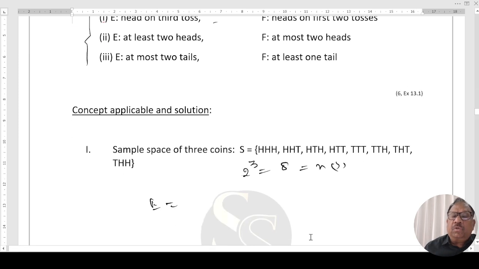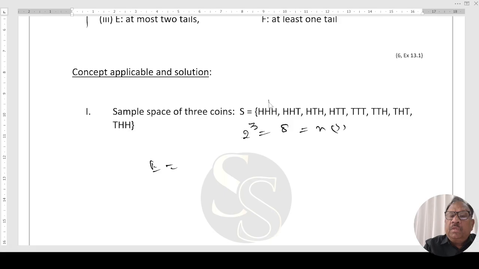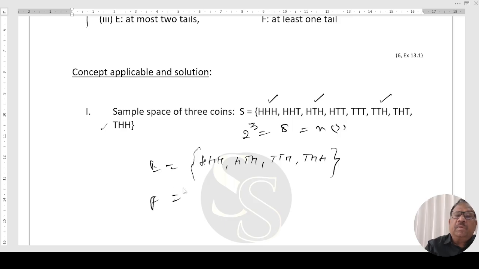Event E के लिए head on third toss. Head on third toss में if this is favorable है, this is favorable, this is favorable and this is favorable. That is HHH, HTH, TTH and THH. Right? F का sample space बना लिया.